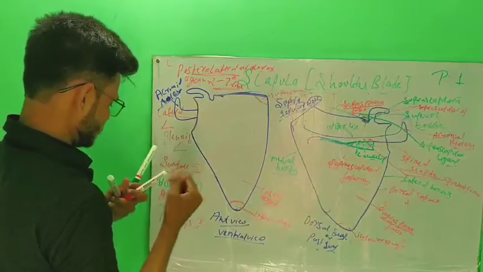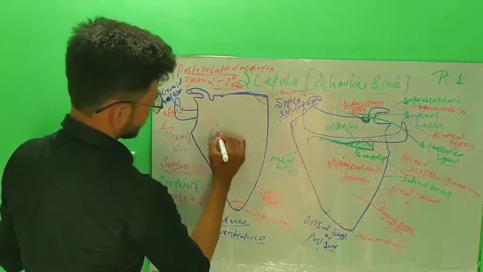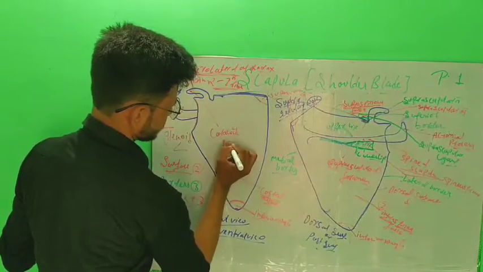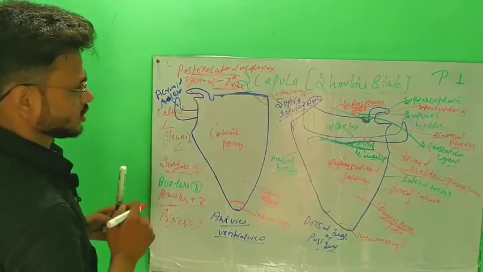And the other process is left. This process is called the coracoid process. This is the coracoid process.